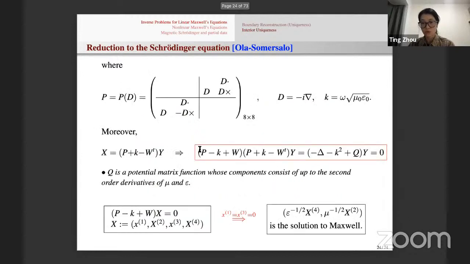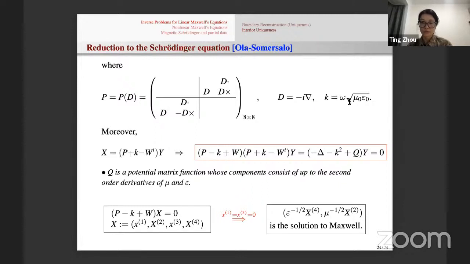Here is more on the P operator. The D will be the imaginary gradient. Then this is the D dot, and this is like a curl. You can check that this is indeed an 8 by 8 differential operator.